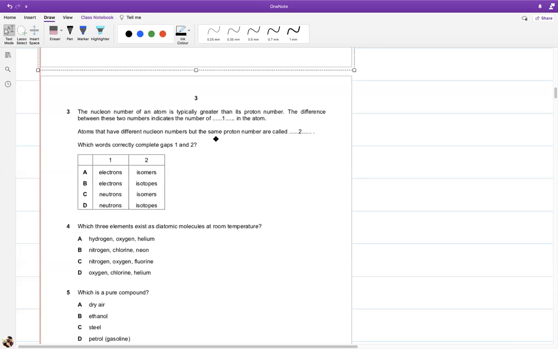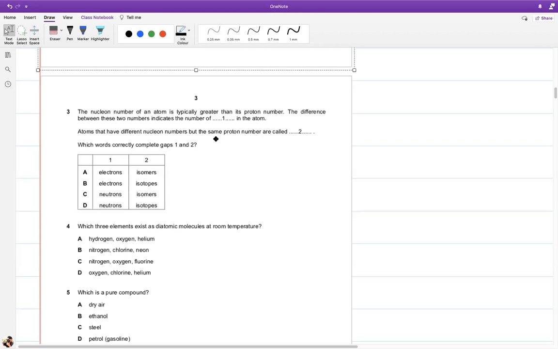Anyways, the first one is neutrons, and the second one, atoms that have different nucleon numbers but the same proton numbers, those are isotopes. Now, here's a common mistake that I've seen in some recent papers that I've checked. Students, when defining isotopes, say atoms with the same proton number but different MR or different AR.